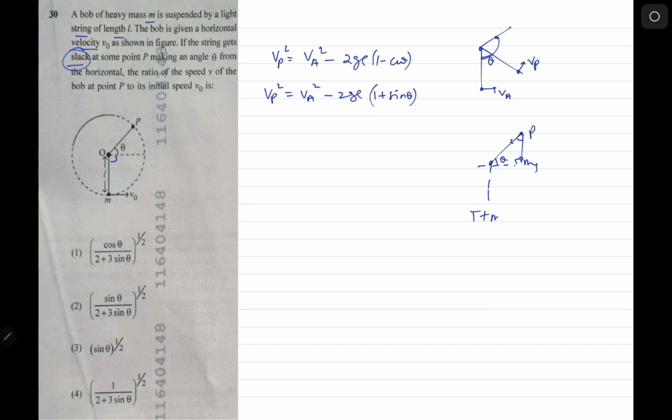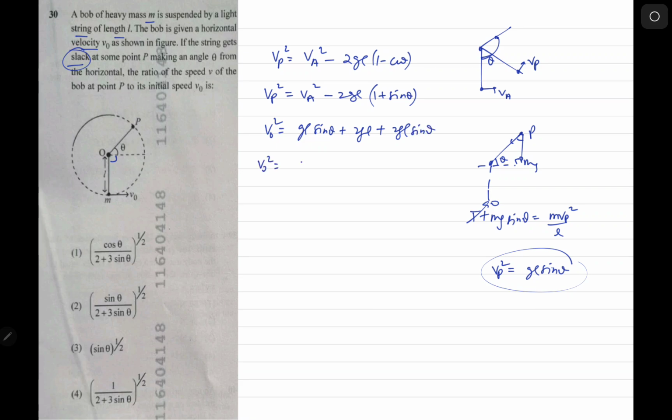So T plus mg sine theta equals m Vp square by L. Here tension is 0, so Vp square is equal to gL sine theta. Now put this value here. So Va square, which is V0 square, equals gL sine theta plus 2gL plus 2gL sine theta.